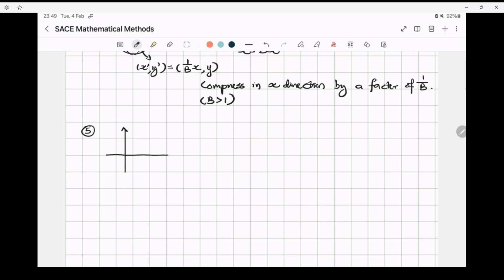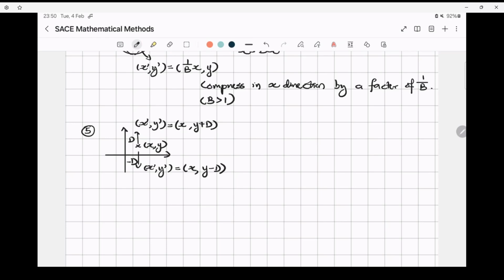Let's say this is your point here, x, y. If you move up by d units, then what you will get is x prime, y prime equals to, so if you just move up, your x prime does not change, which is your x. Y prime will be y plus d. If you move down, that particular unit will be minus d. So your x prime, y prime will be x, y minus d.